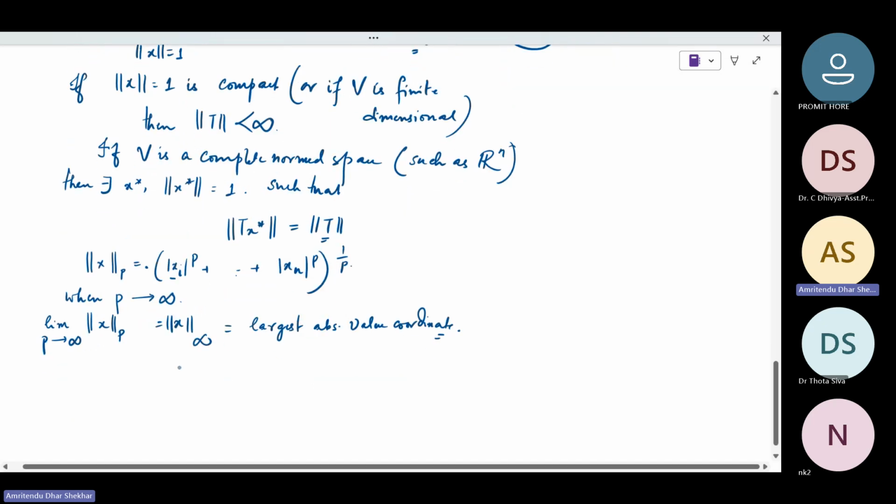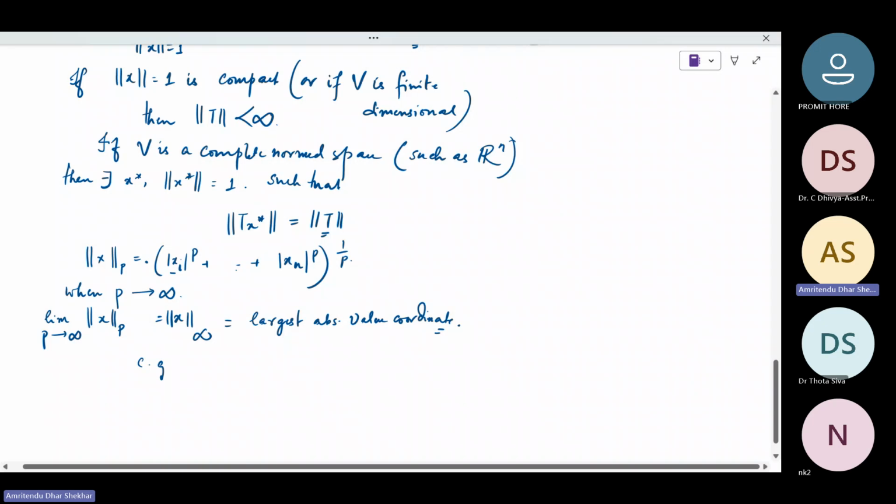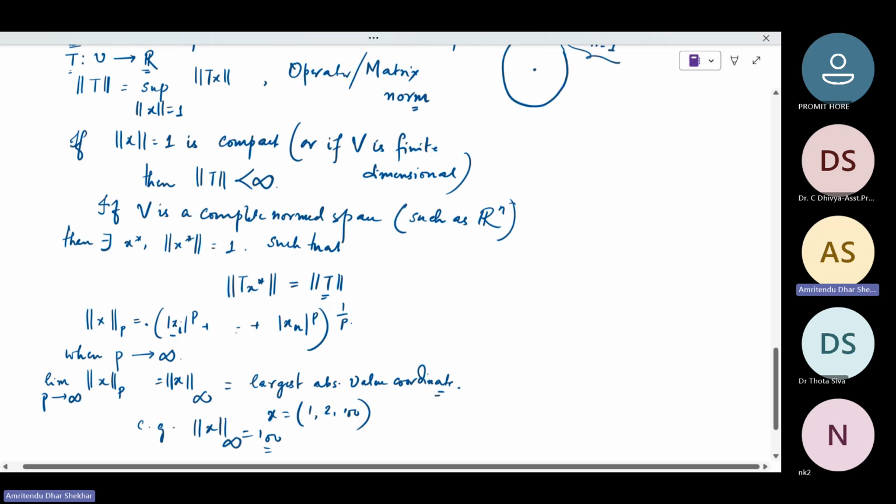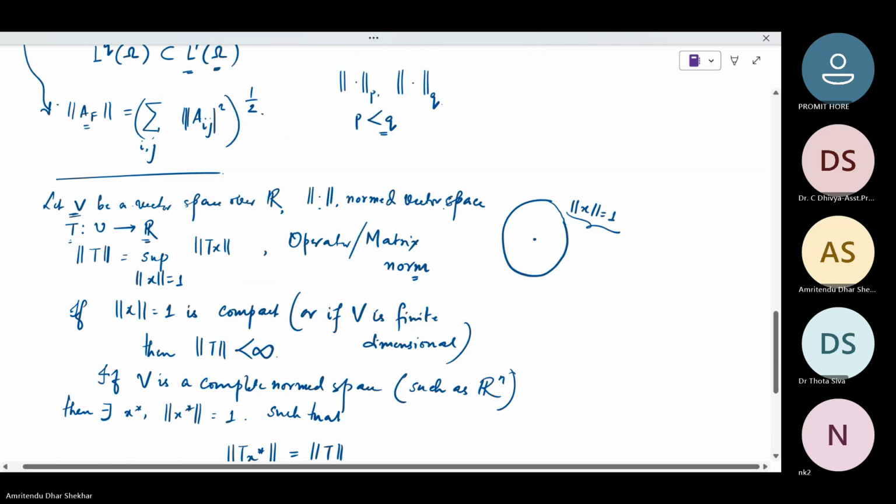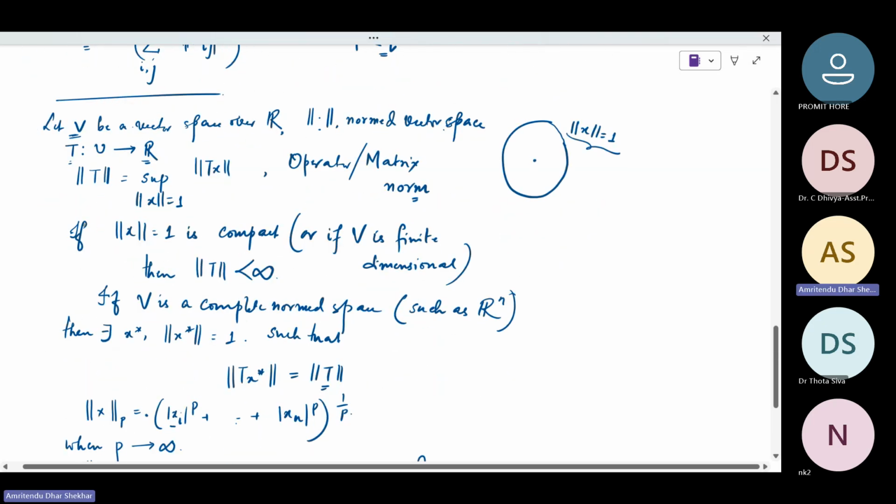So in short, as an example, if x is 1 to 100, then the infinity norm would be equal to 100. So it's just the largest absolute value. And the operator norm is defined with respect to this only, right?